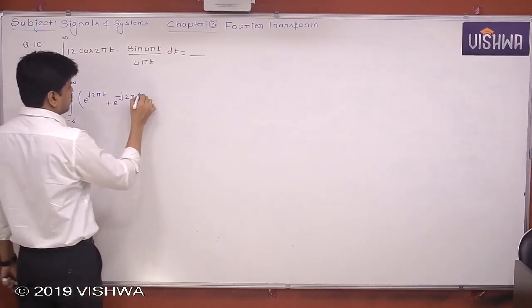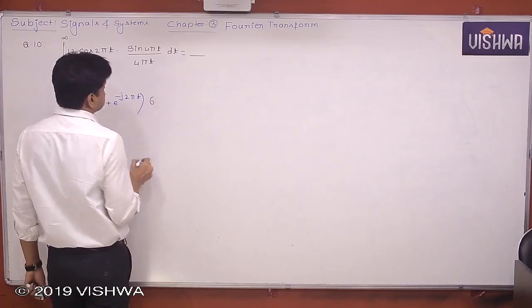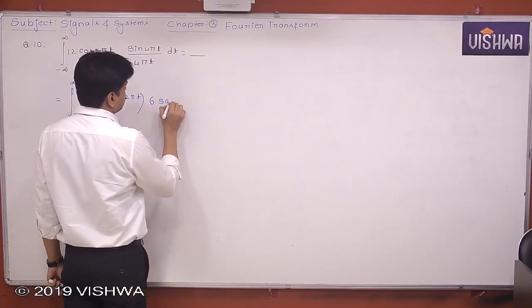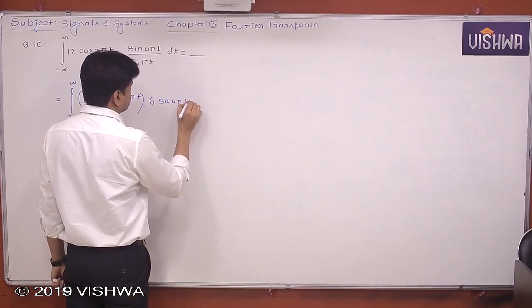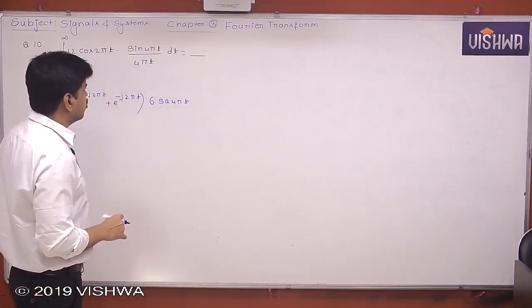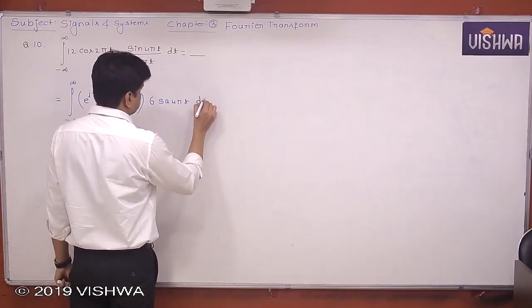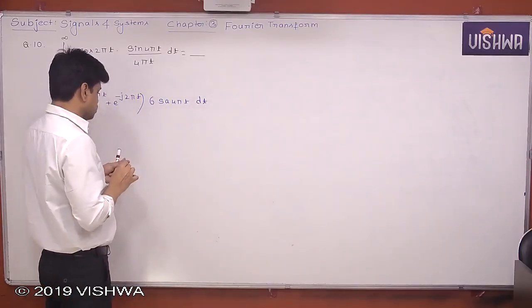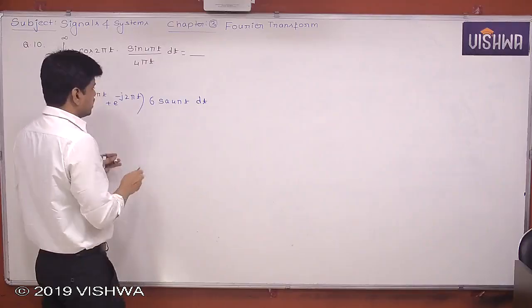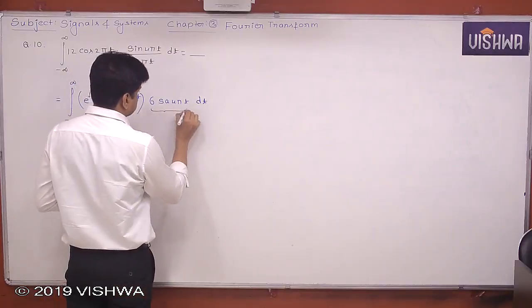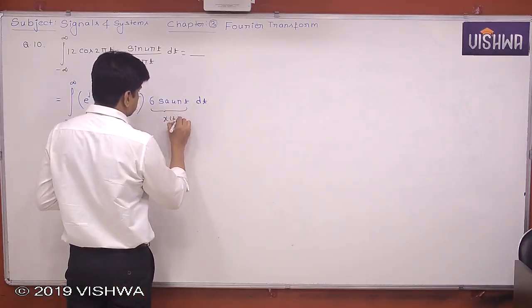So finally we are left with 6 sampling 4 pi t, that's what we are going to get, dt. Let's call it x of t.